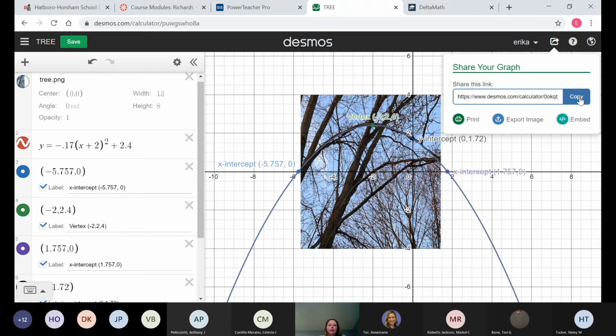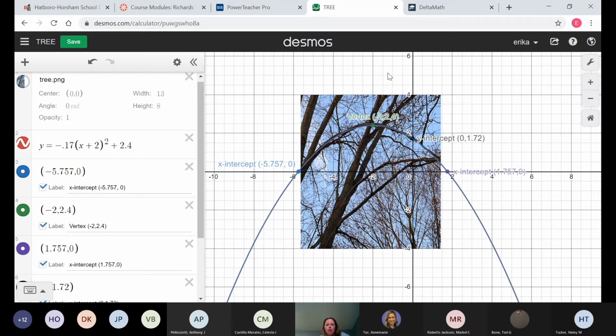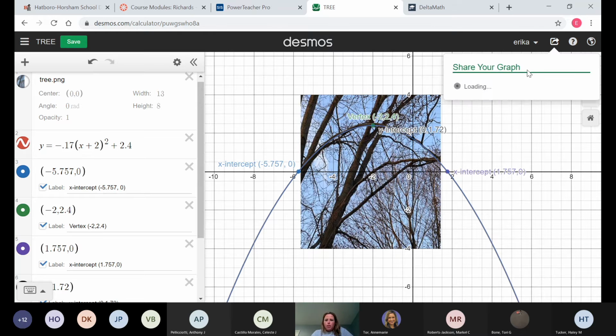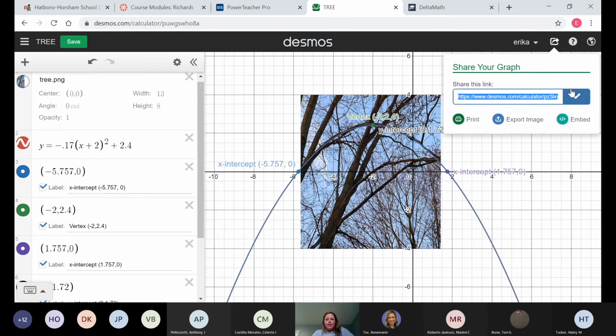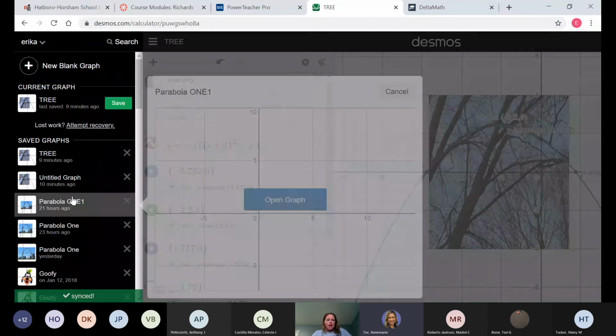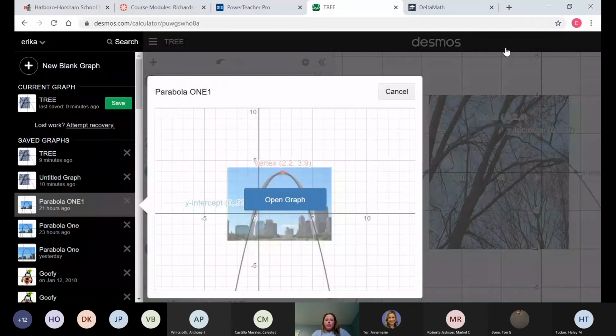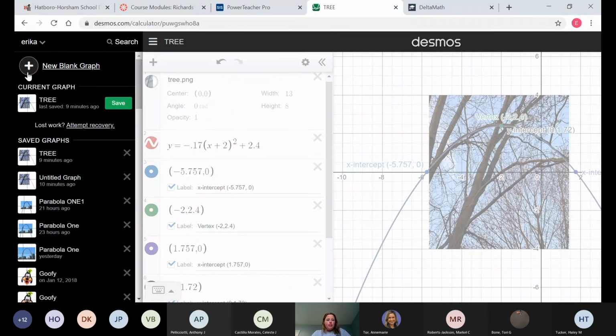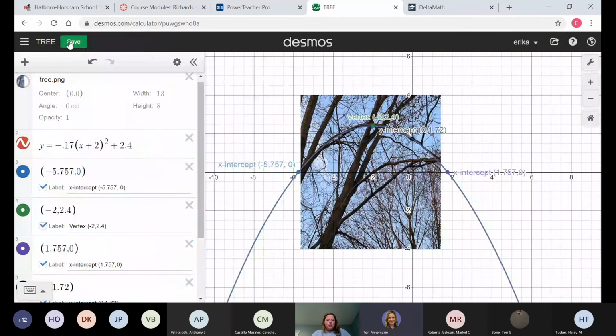You're going to copy the link to this graph and the link to your second one and send them both to me in an email, and we'll talk about that at a later time. So I'm not doing that yet. When you're done, you would share your graph by copying this link in an email, and then your second one. I didn't save, so that's the other thing. You have to make sure you're saving.